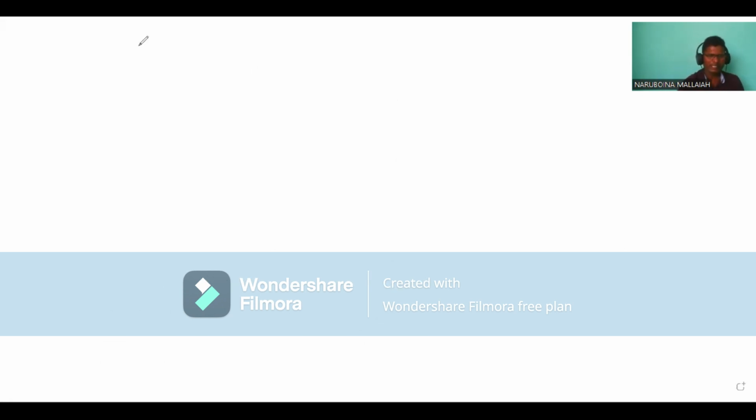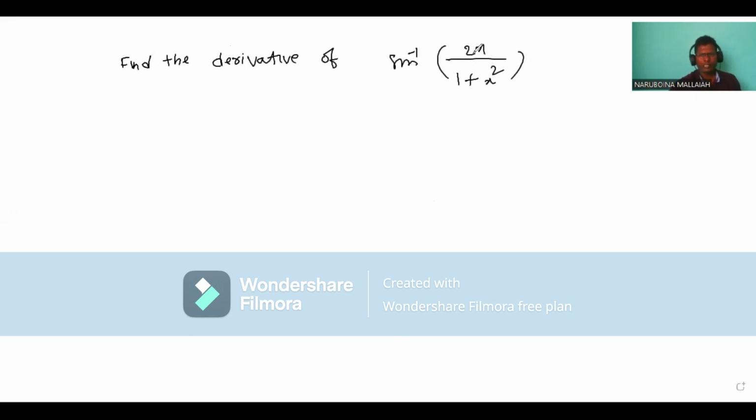Next question is: find the derivative of sine inverse of 2x by 1 plus x square. Here in the bracket we have 2x by 1 plus x square. It must be in a sine ratio, because before the bracket we have sine inverse, so we must change this term into a sine trigonometric ratio.